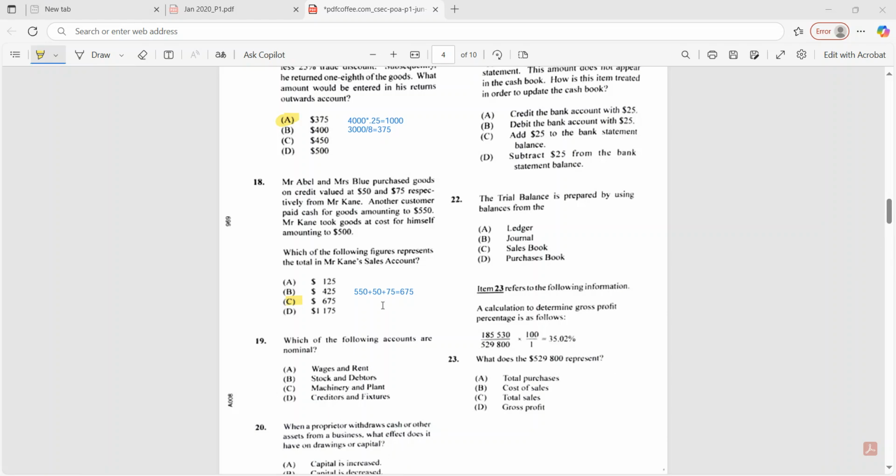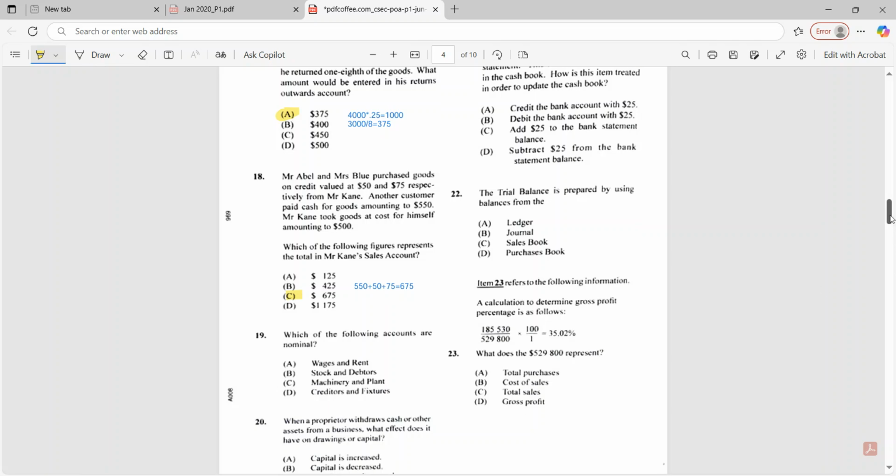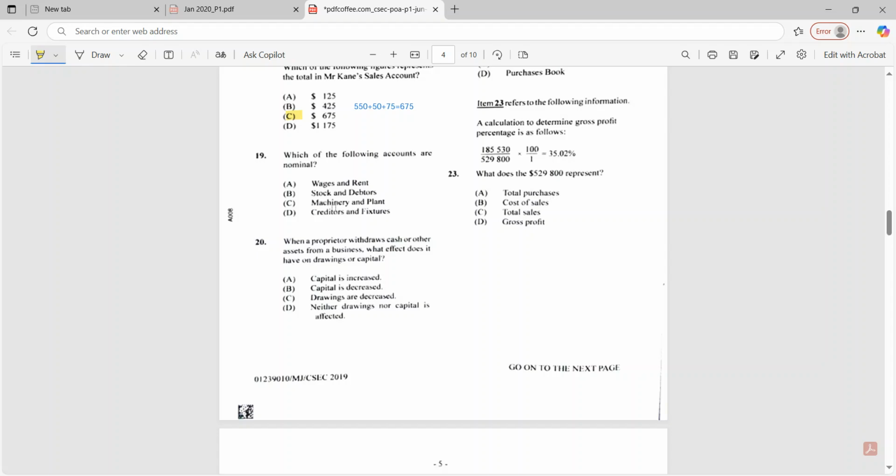Now number 19 says which of the following accounts are nominal? We have wages and rents, stock and debtors, machinery and plant, and creditors and fixtures. And number 19 is wages and rent. Number 20, when a proprietor withdraws cash or other asset from a business, what effect does it have on drawings or capital? So does the money withdrawn from a business increase drawings?